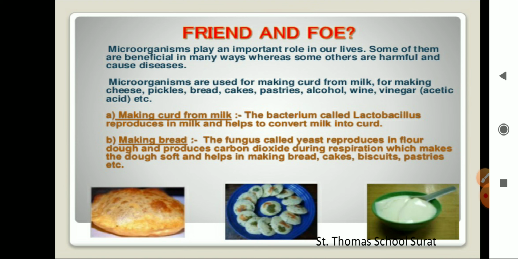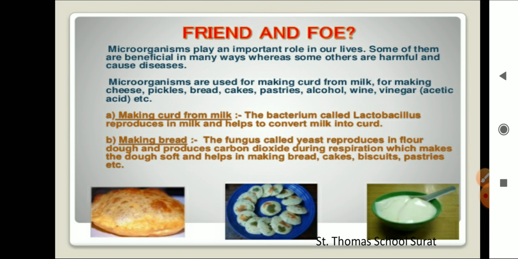So microorganisms are used for making curd from milk, cheese, pickles, bread, cakes, pastries, alcohol, wine, vinegar, that is acetic acid, etc. These are the things for which microorganisms can be used.